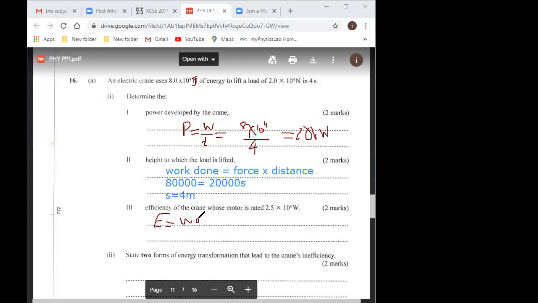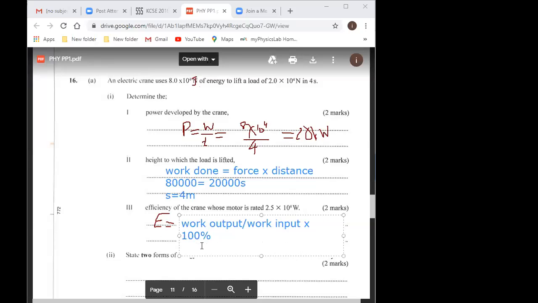So here efficiency is equal to work output, and you are dividing the whole of this by work input, and then the whole of this you are multiplying by 100%. All this is the one that you are now supposed to work out. So we can see the amount of work the crane is able to do. This is the output.